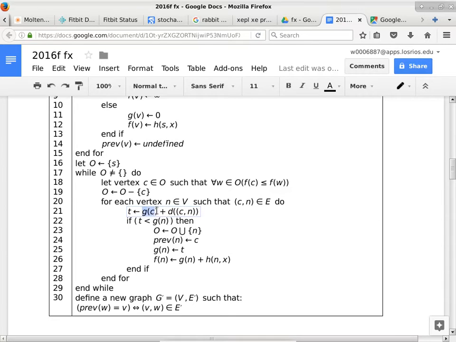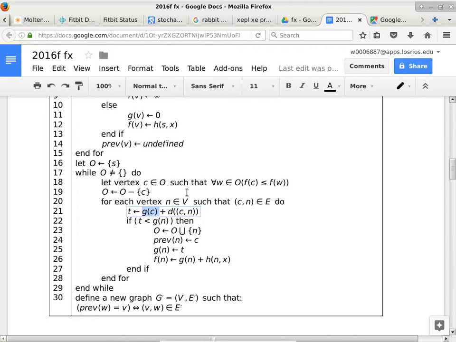G of C is the distance of the known shortest path from the start vertex to vertex C. That's what the highlighted part is. Is that okay? But we already know that C and n are connected by an edge. How do we know that?